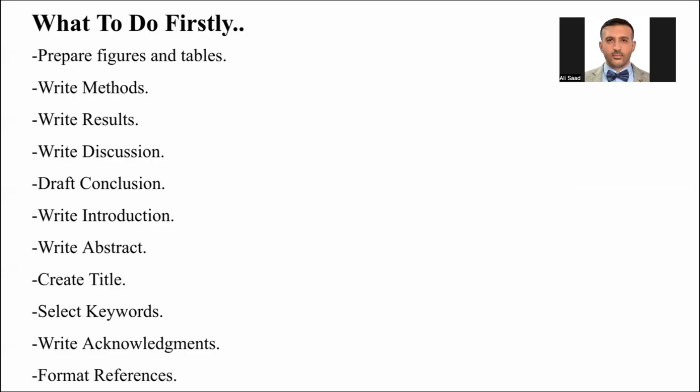Then I write the results, for example the figures, and after putting the figures, I write what they show. Then I write the discussion and draft a good conclusion. Then I can go to the simpler aspects of the manuscript, like writing the introduction and a good abstract.